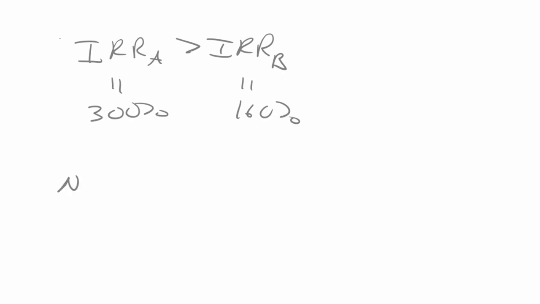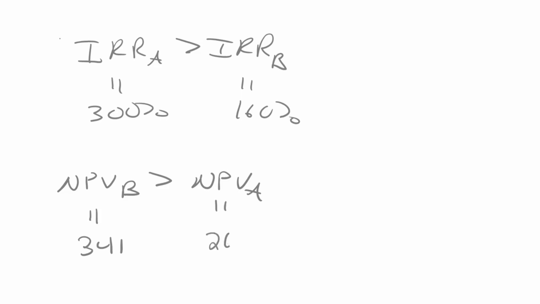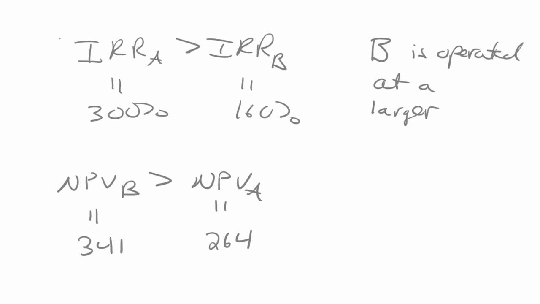But NPV B is bigger than NPV A. NPV B being 341, NPV A being 264. How is it possible that these two can disagree? In this case, B is operated at a larger scale.